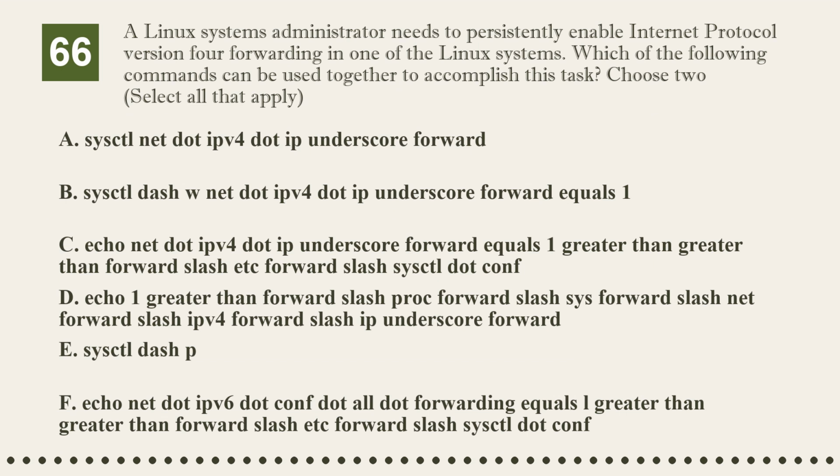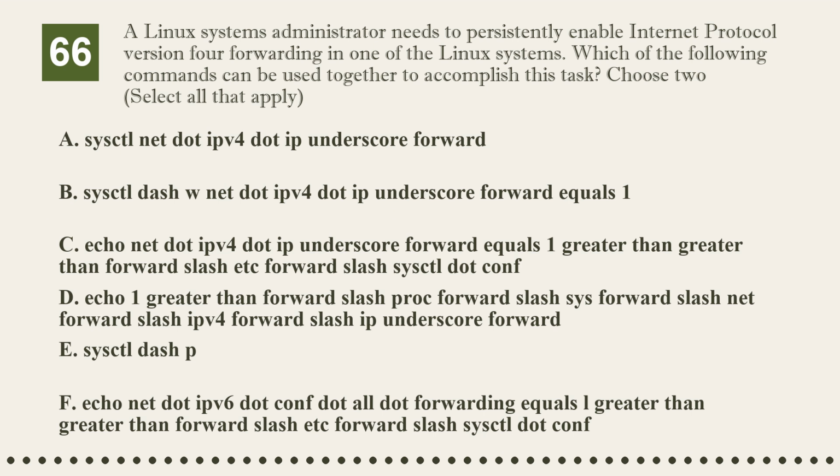Question 66. A Linux systems administrator needs to persistently enable Internet Protocol version 4 forwarding in one of the Linux systems. Which of the following commands can be used together to accomplish this task? Choose 2. Option A, sysctl net.ipv4.ip_forward. Option B, sysctl -w net.ipv4.ip_forward=1. Option C, echo net.ipv4.ip_forward=1 > /etc/sysctl.conf.